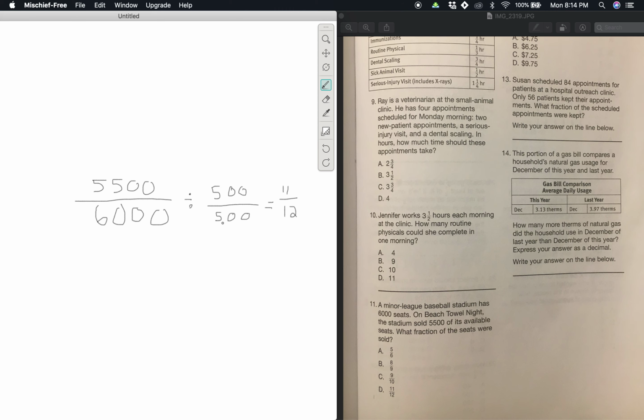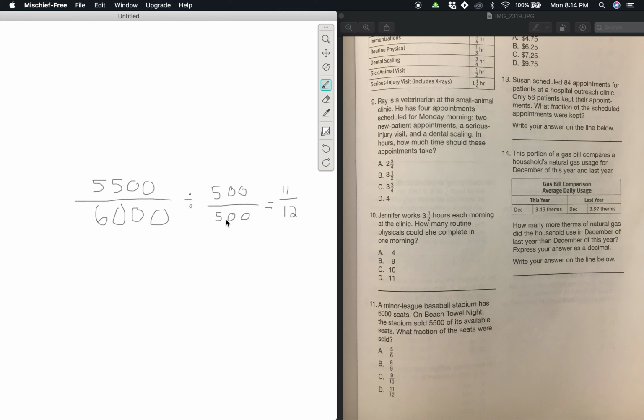If you're wondering, it should be pretty obvious how many times it goes in, just because these are so large. But if you really don't know, you can count by 500s in your head. 500, 1,000. So two 500s go into 1,000. 1,500, 2,000, 2,500, 3,000.